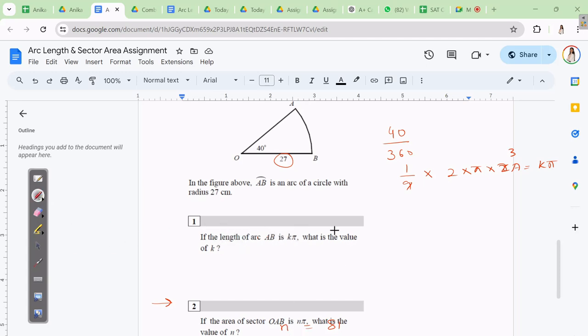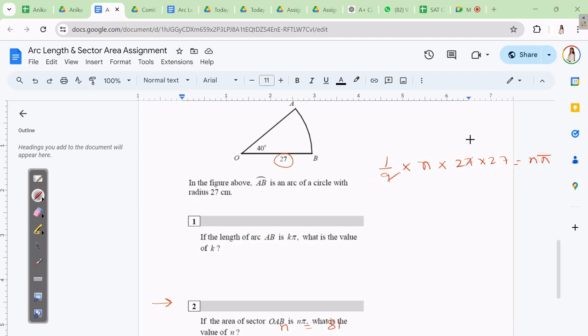And the area of the sector is n pi. So again this is going to be 1 over 9 times pi r square. R square means 27 times 27, that is equal to n pi. Pi gets cancelled.